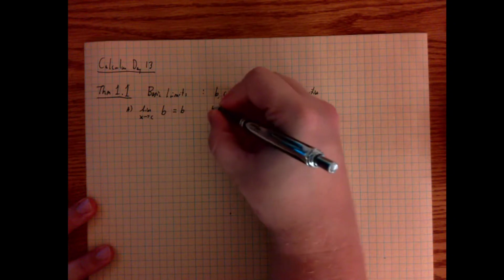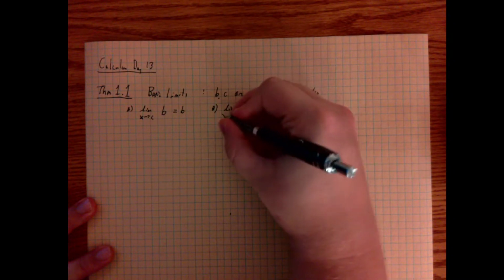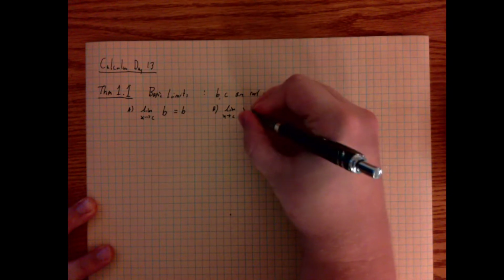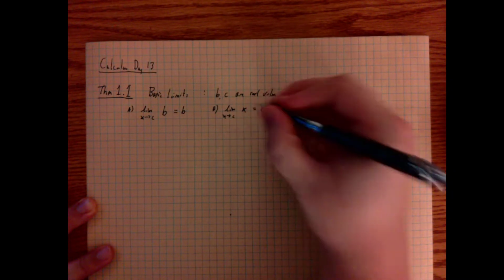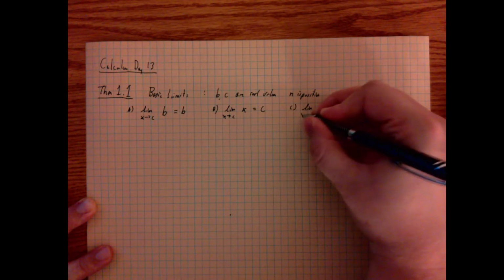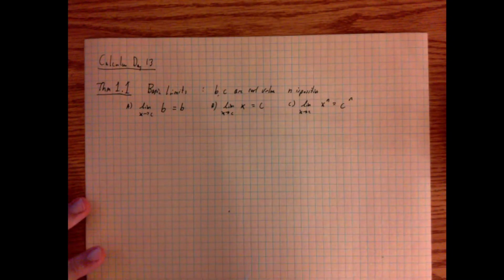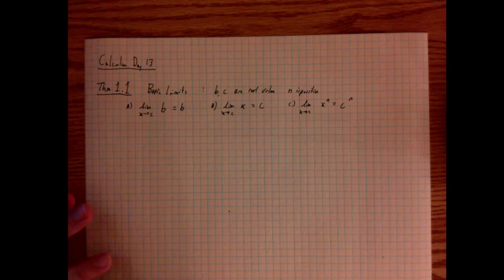Second part, B. The limit as x approaches c of x will of course be c. And the third part, the limit as x approaches c of x to the n power would be c to the n power. Let's showcase what this means using some examples.